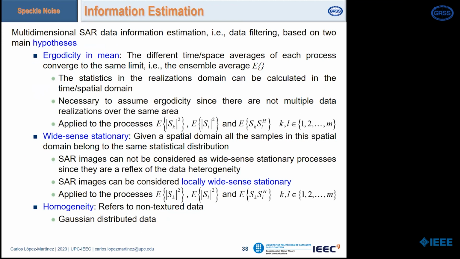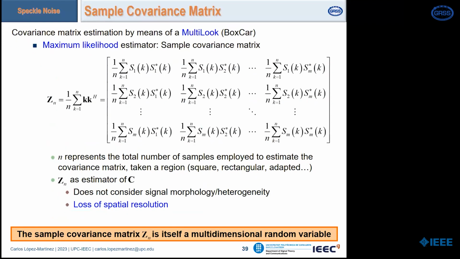Okay? How do we estimate? This is just a technical thing. I assume ergodicity, wide sense stationarity. The most important is this, homogeneity. I need that all the pixels belong to the same class, either to the same type of target, or to the same distribution. So if I assume all of them, the most standard way of filtering is the multi-look, which is a spatial filter.